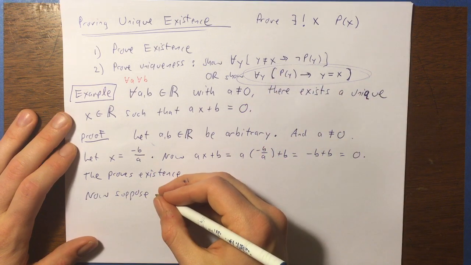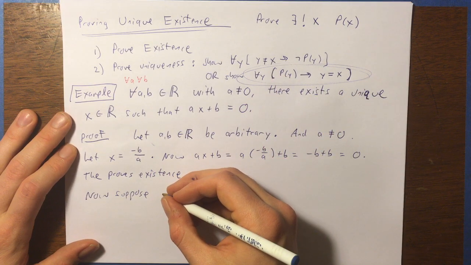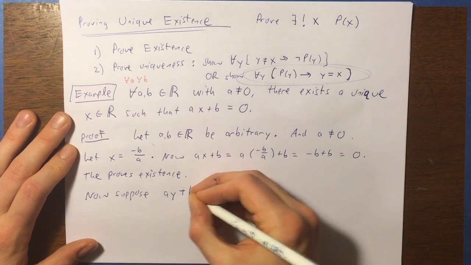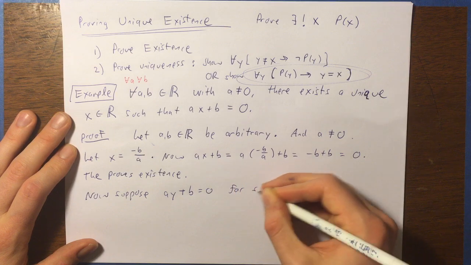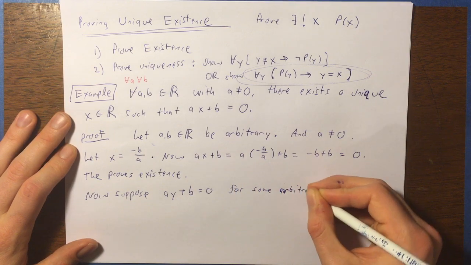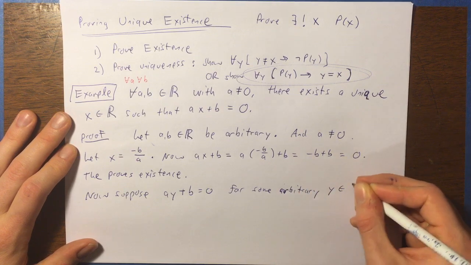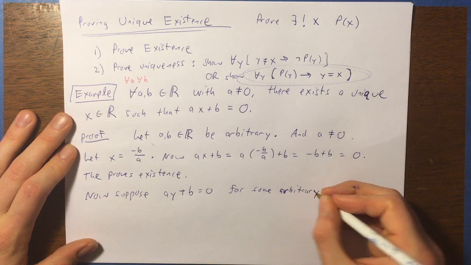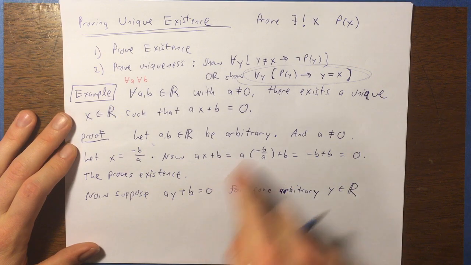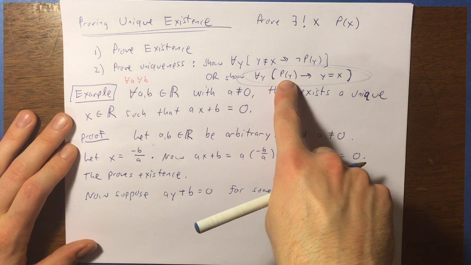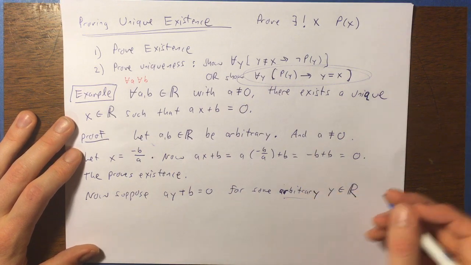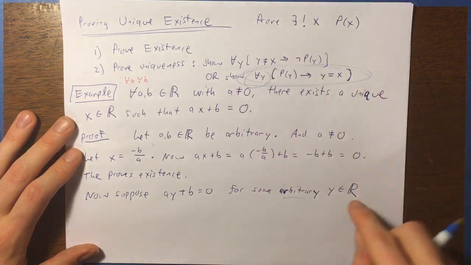I'm going to suppose that ay plus b equals 0 for some arbitrary y in the set of real numbers. So I'm supposing that this is true. It's essentially this: I'm supposing that P of y is true, for some arbitrary y, which means it could be any of them. It could be any y here.